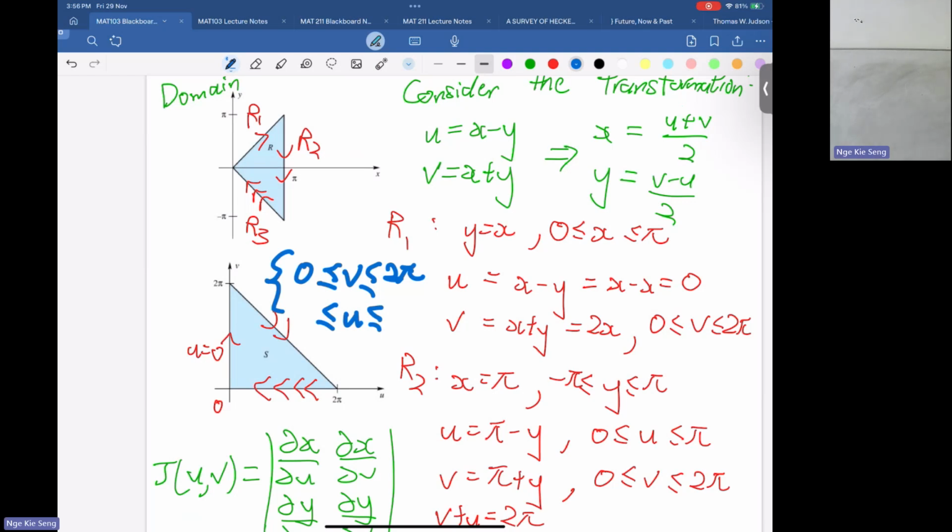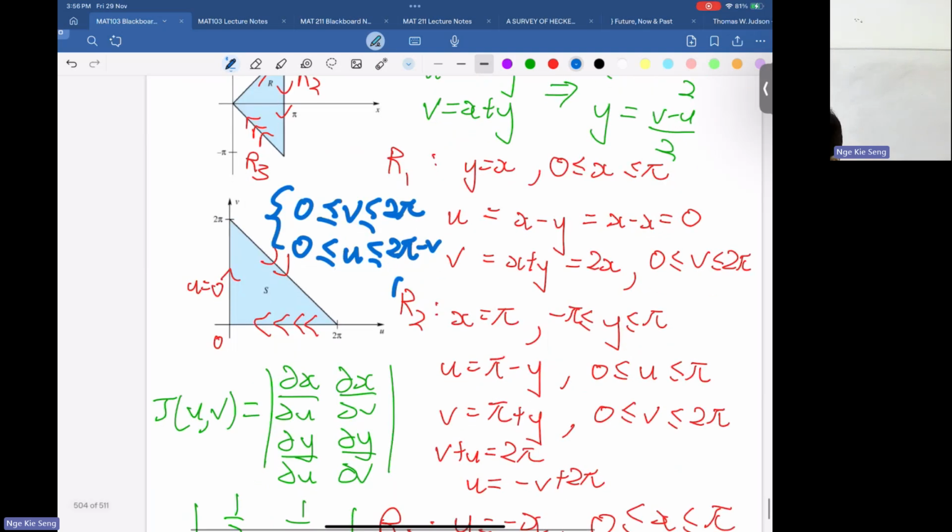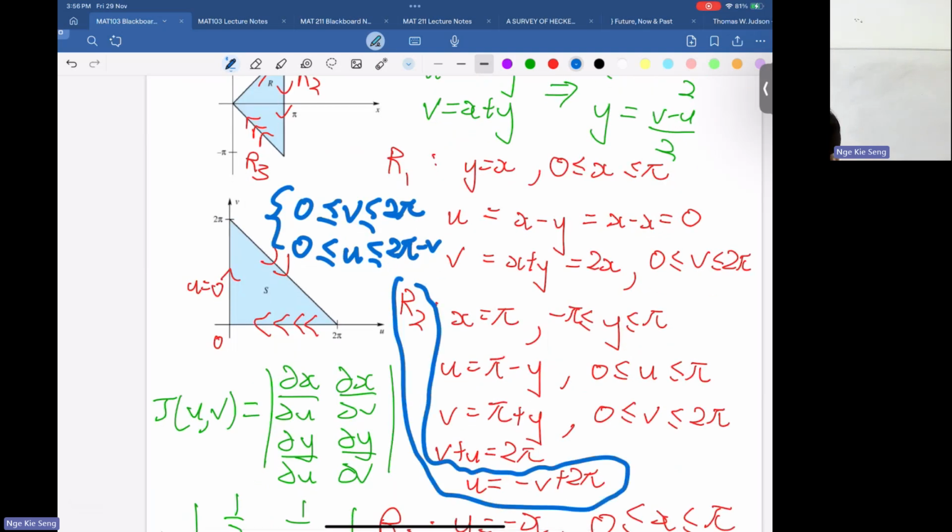If you fix v, what is the lower bound and what is the upper bound? The lower bound is 0, the upper bound is 2 pi minus v. This is the R2 line that we found just now: 2 pi minus v.